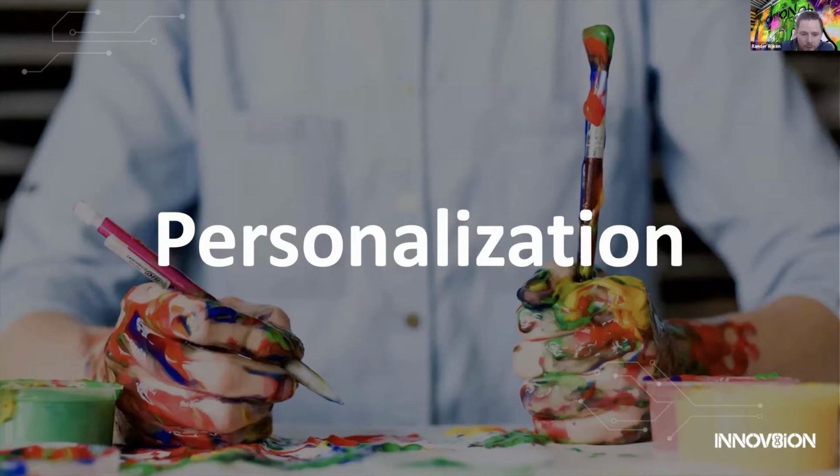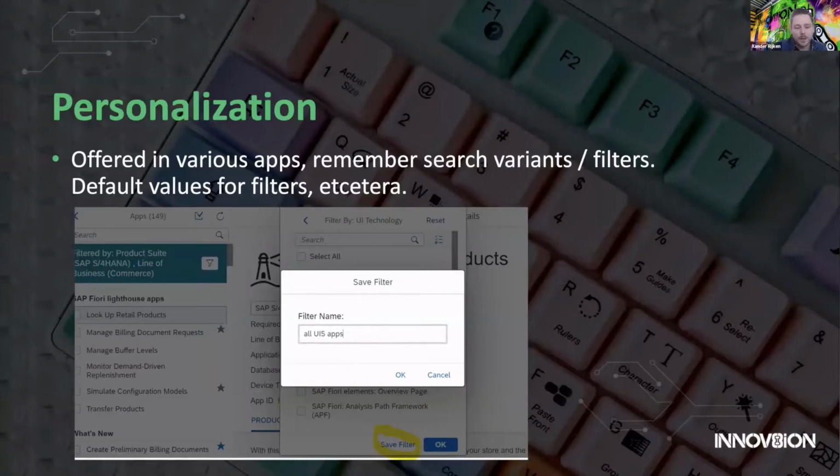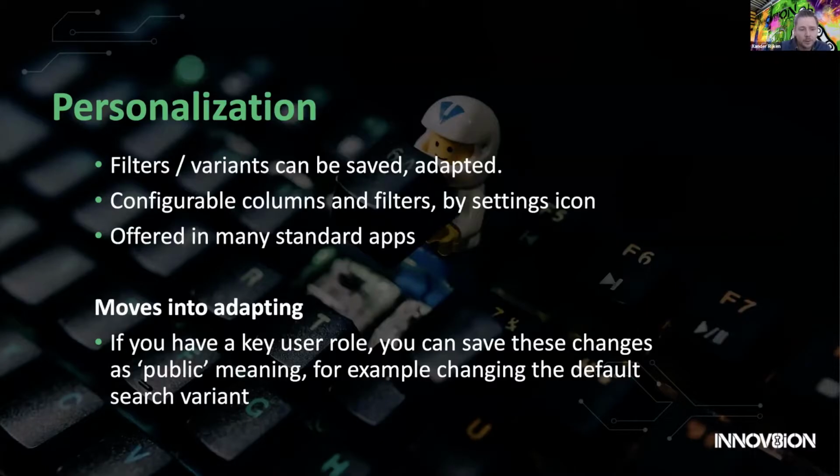So not for your coworkers, just for you, the guy behind the screen. And what can you do? It's like all the things you see in the normal SAP transactions, like saving variants, adding filters for your standard reports, and also configuring columns and all kinds of elements changing for your own personal needs.